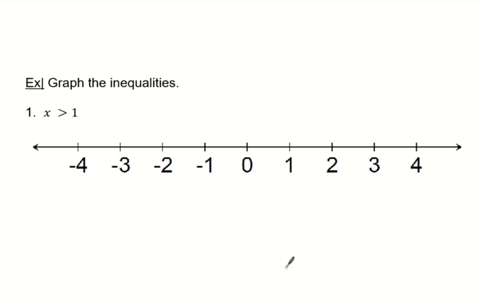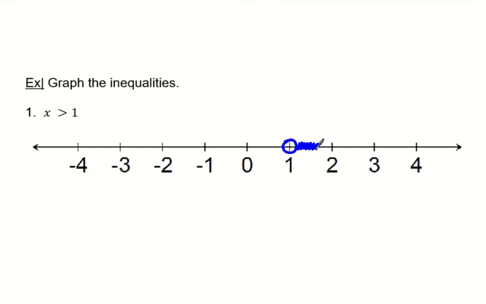Well, here's what we do. I bet you already know. Here's how we represent this graph. You put a circle on the 1, but you leave it empty to tell the whole world that we're not including this number, the 1.